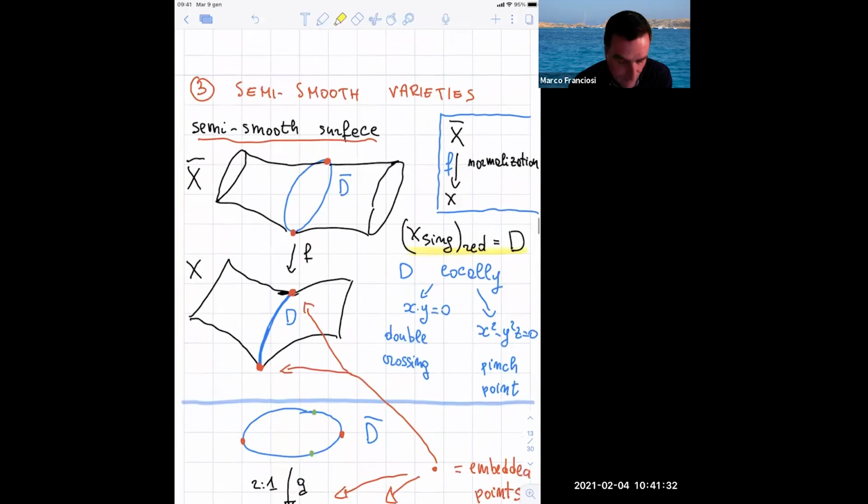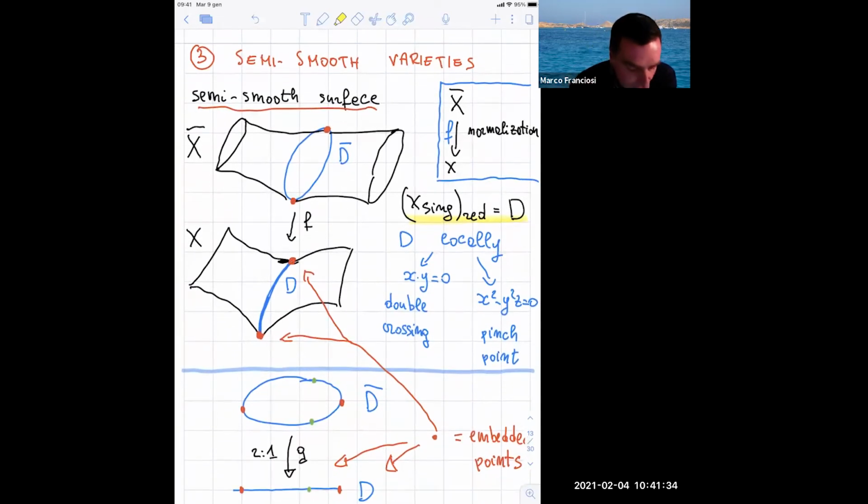Okay, so we were interested in semi-smooth varieties. What is a semi-smooth variety? Let me consider first the case of surfaces, which means that we have X, a surface with D, the double locus, and the double locus is locally a double crossing or a pinch point.